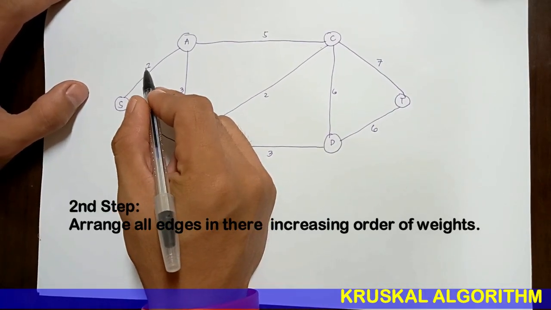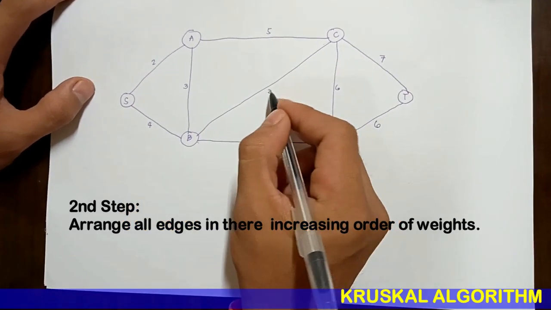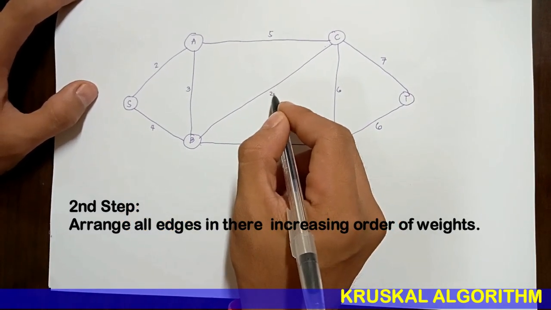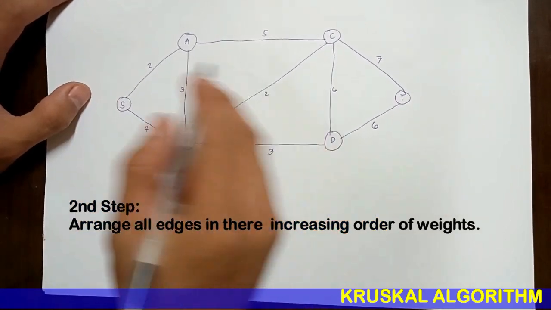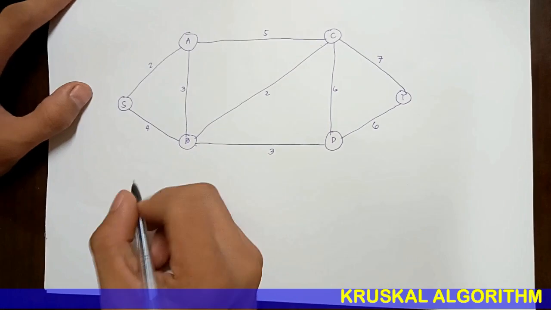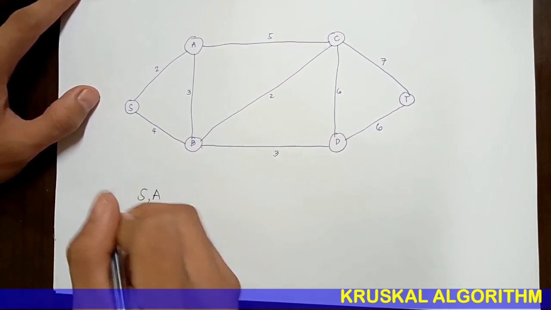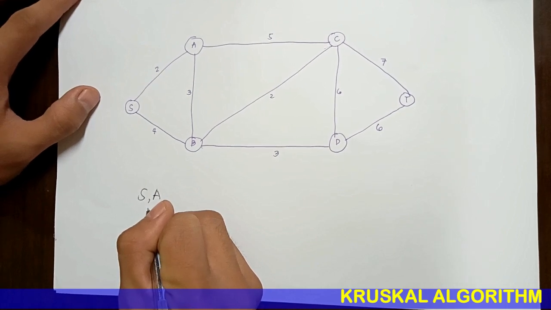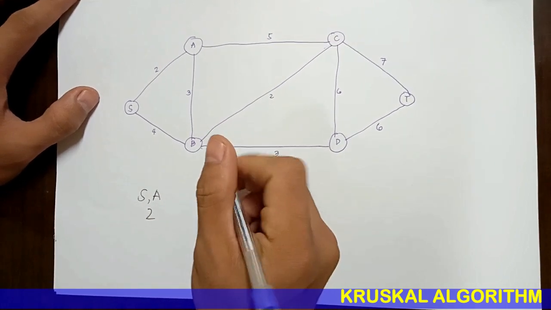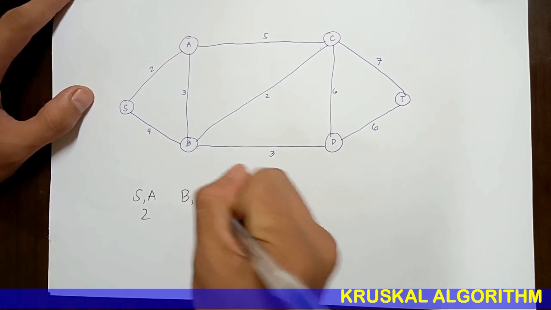The second step states we will arrange all edges in the increasing order of weights. We have the same weight cost in the edges SA and BC, either of the two. We have SA with 2 and BC also with 2.